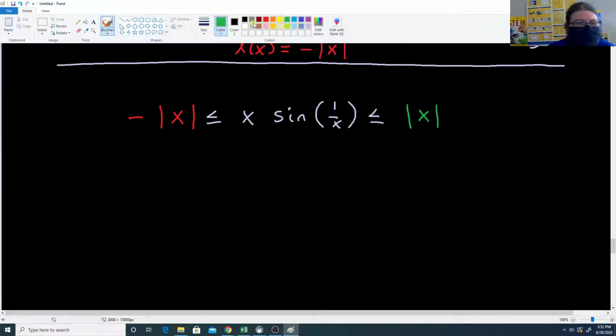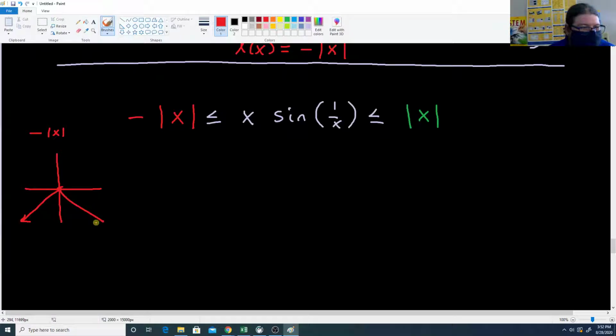Well, let's think about what the graph of negative x looks like, or negative absolute value of x. Negative absolute value of x, if we think about it, is the absolute value function with an x-axis reflection.